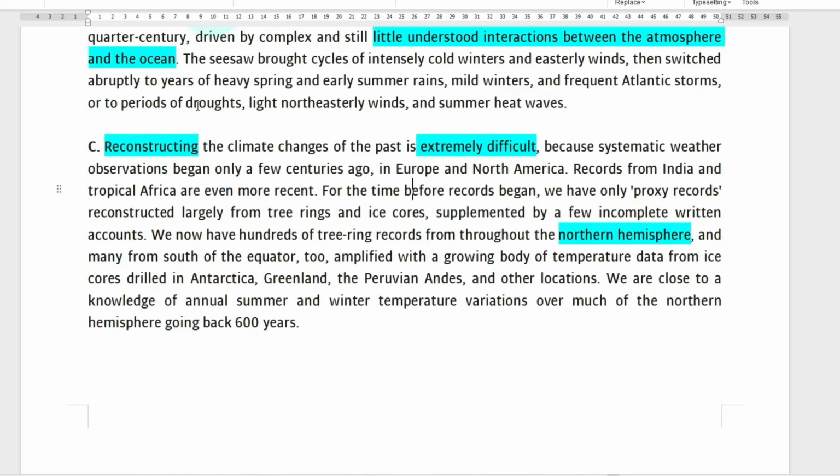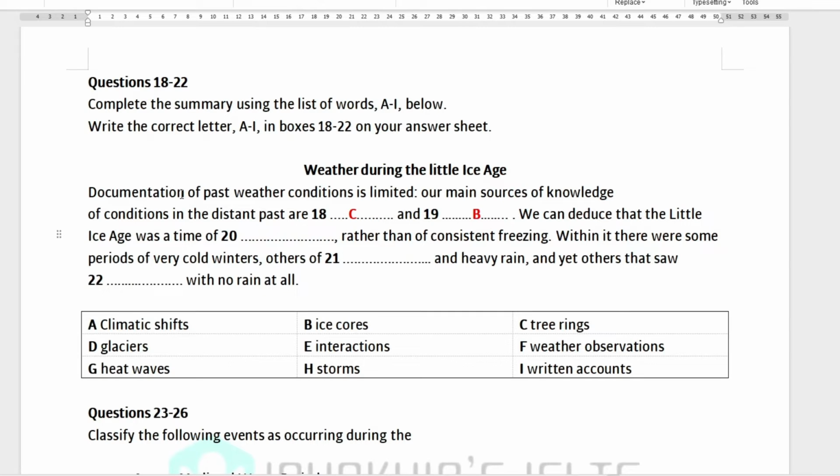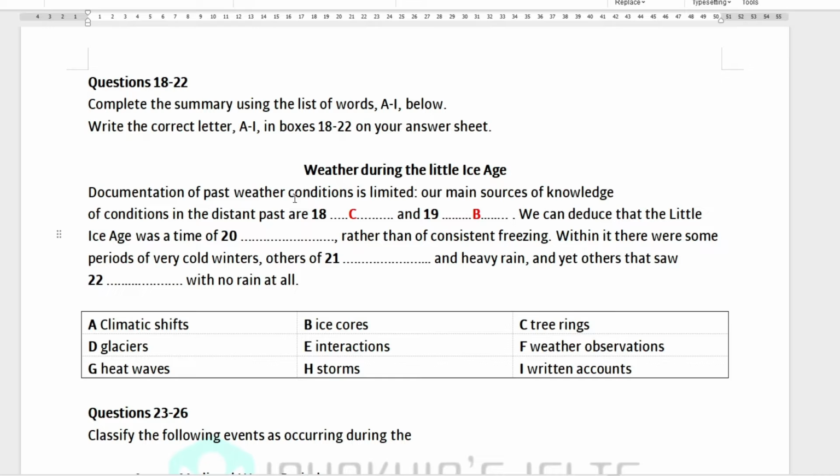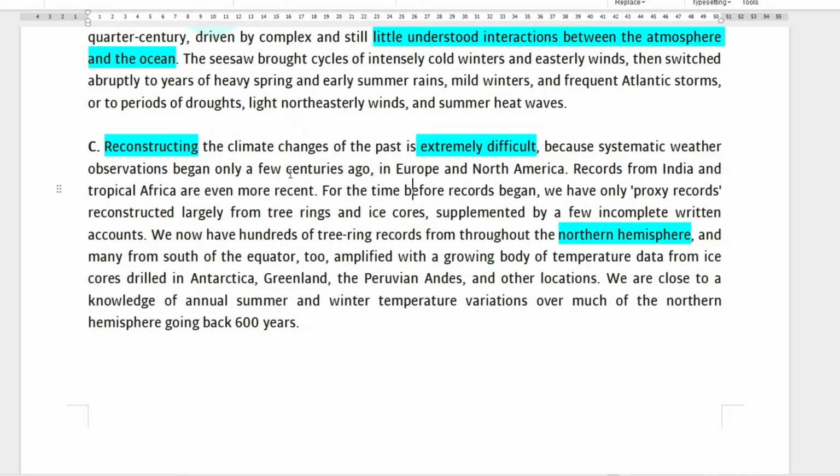This is limited because you can see that. Documentation means written accounts. So what is it saying here? We can see that documentation of past weather condition is limited. So climatic changes of the past is extremely difficult because systematic weather observations began only a few centuries ago.